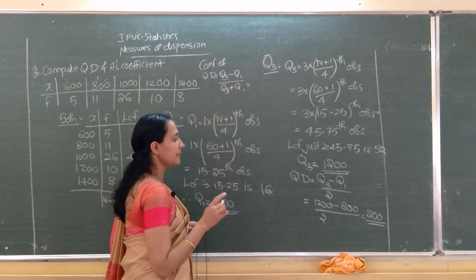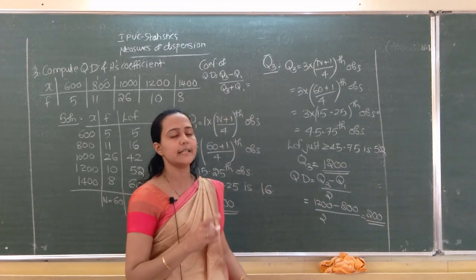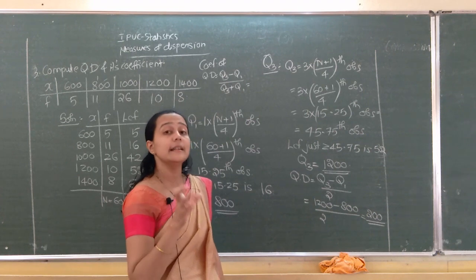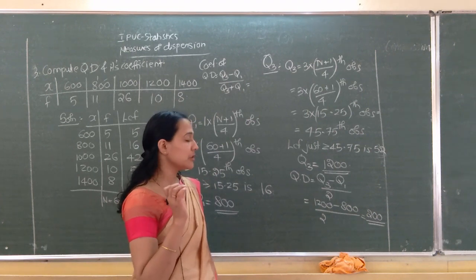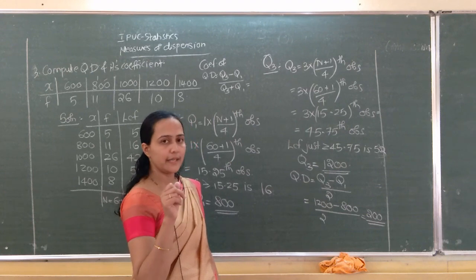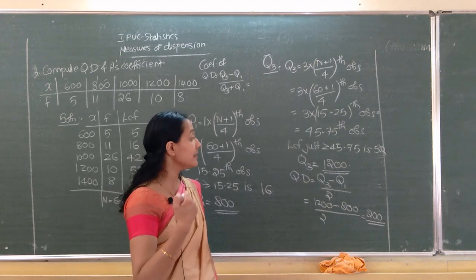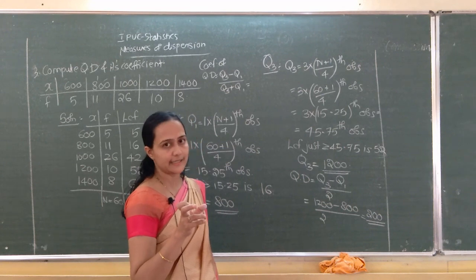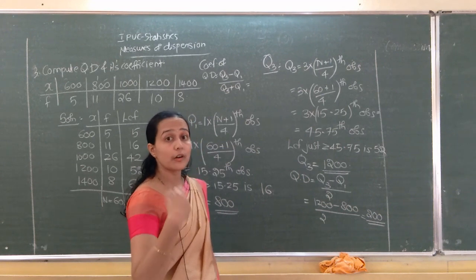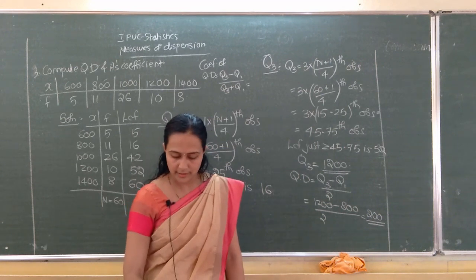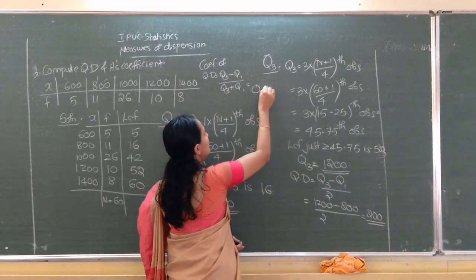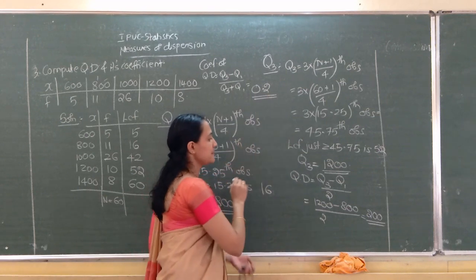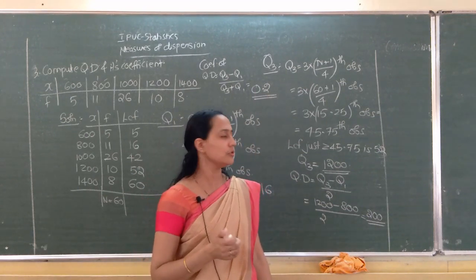Here also Q3 minus Q1 is 1200 minus 800 divided by 1200 plus 800. 1200 minus 800 will be 400, correct na. Divided by 1200 plus 800 will be 2000. 400 divided by 2000, answer is 0.2. I am not doing all those steps, you can do, no problem.